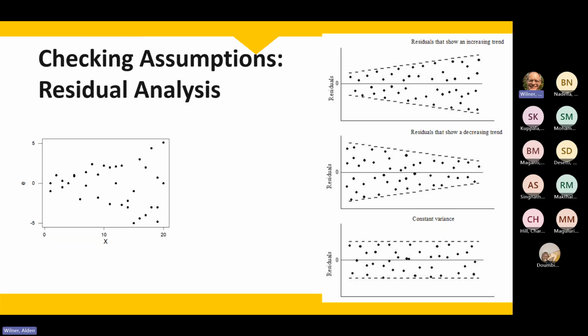Here is a scatter plot where you can see that things are close to the regression line at low values of x and farther away at high values of x, right?